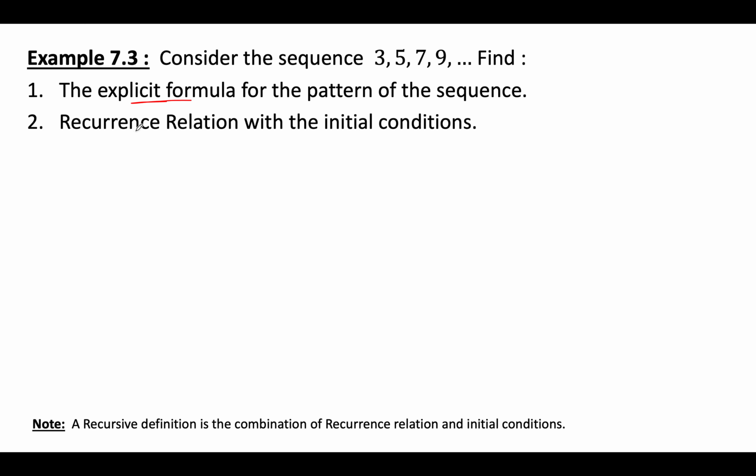The explicit formula has another name, which is the nth term, where it is the equation that helps me find a specific term. What do you mean by this? I can find the term n without knowing the relation between the terms.